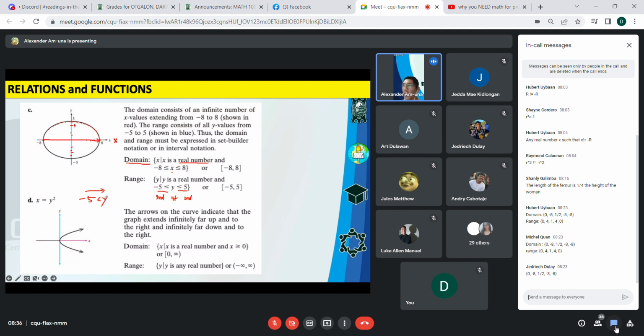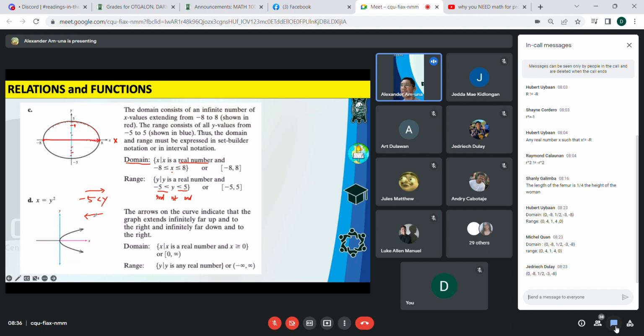Okay. What if you start now from the right going left? So how should we read this? Do we still say y is less than -5? Hindi na, di ba? Iba na ang ibig sabihin. Because remember, -5 is less than y.